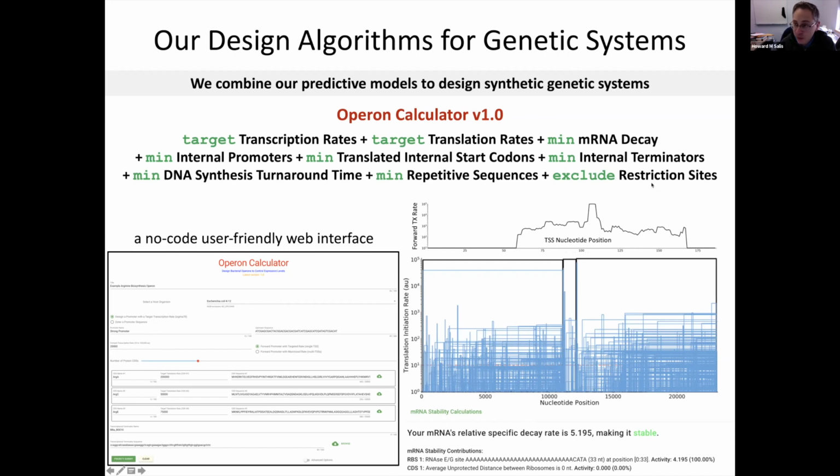And of course, for cloning purposes, you often want to exclude restriction sites. And so again, with modern optimization algorithms like genetic algorithms and so on, you can develop very fast optimizers, and you can make predictions about what that final design is going to do before you put it into the organism.